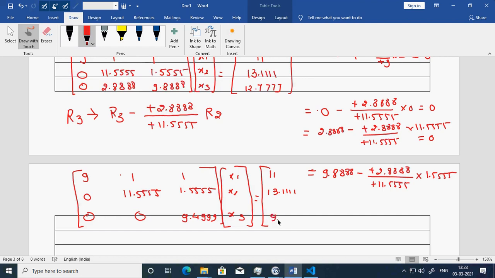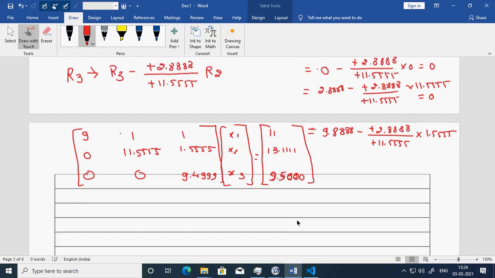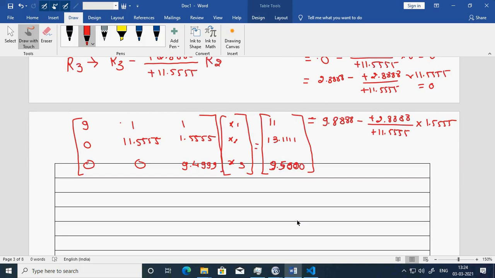Okay, so 9.4999 or 9.500. So these are the values coming. Fine, great. Okay, so this is my third step. So I completed my third step.